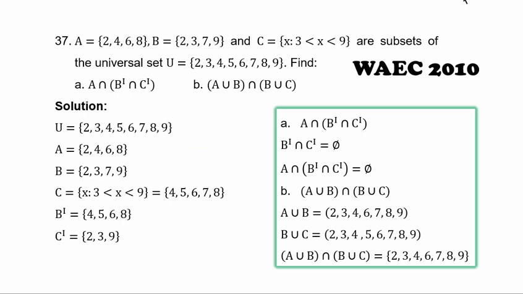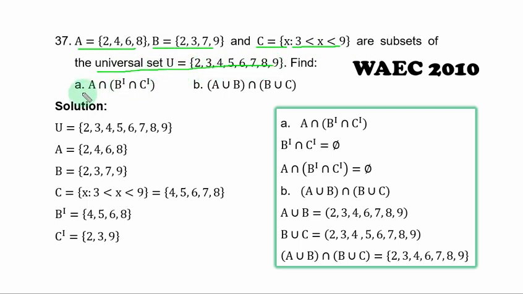Example 37, set A is equal to this, set B is equal to this, and set C is equal to S, such that 3 is less than S, less than 9, are subsets of the universal set U equal to this.